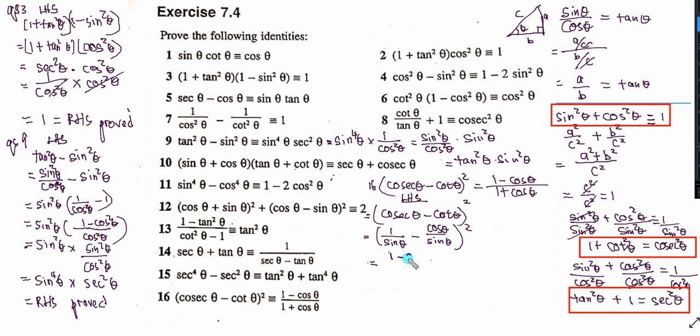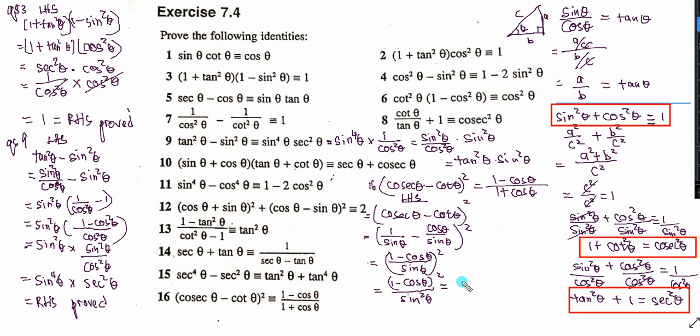So 1 minus cosine theta over sine theta, squared. Therefore, it is 1 minus cosine theta, squared, over sine square theta. Actually, it splits the fraction: take the power of 2 for the numerator and the power of 2 for the denominator.